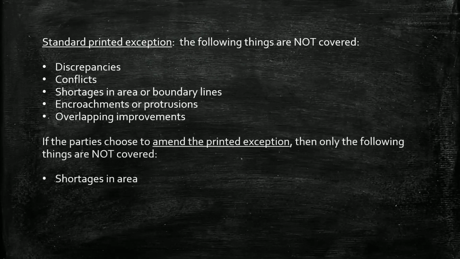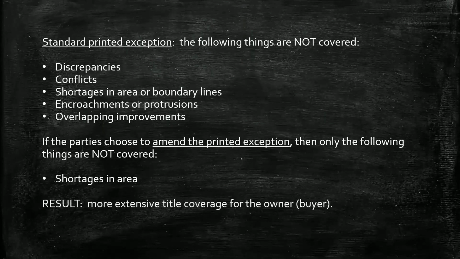But if the parties choose to amend the printed exception, then we eliminate some of the exceptions. And then the only thing that is not covered would be shortages in area. If there is a survey discrepancy and there's a shortage in area, if we amend that exception, then shortages in area is the only thing that is not covered.